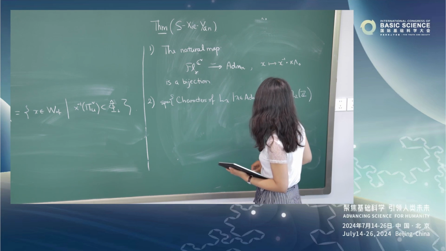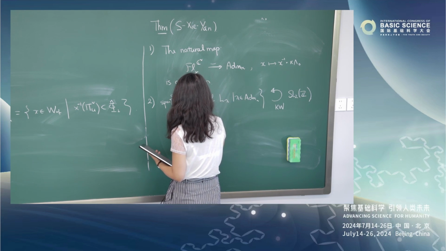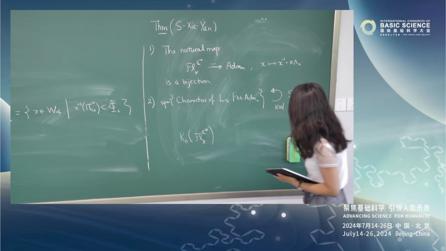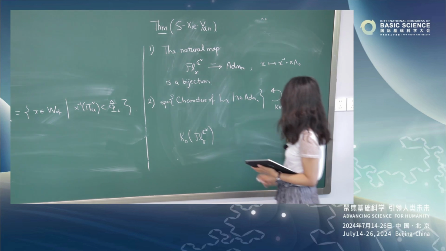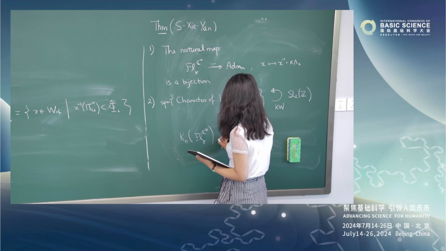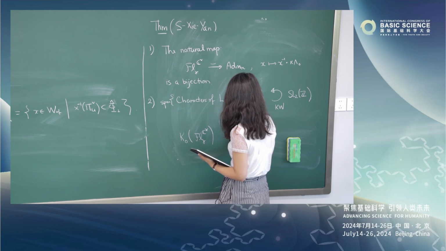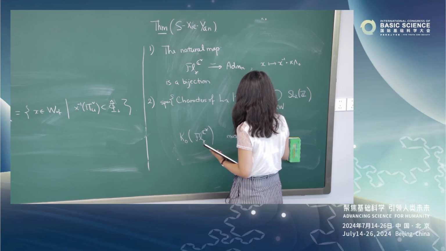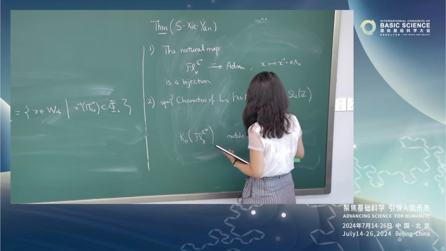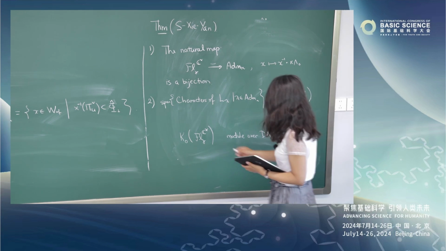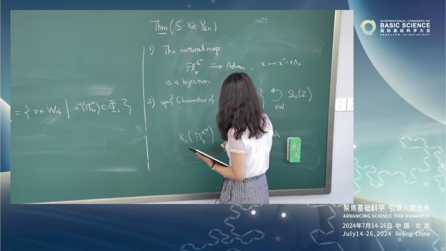On the other hand, you can take the Grothendieck group of coherent sheaves on this fixed point variety, and according to some geometric theory, this is a finite dimensional module over the double affine Hecke algebra. By work of Ivan Cherednik, it also carries a nice SL2Z action.